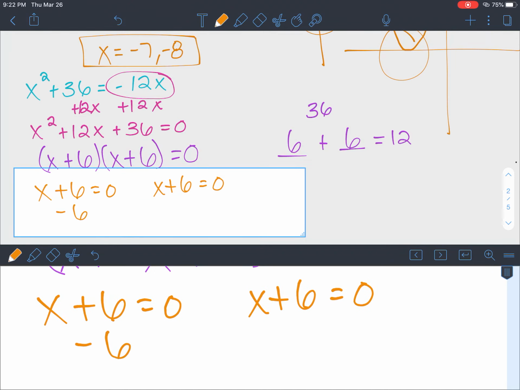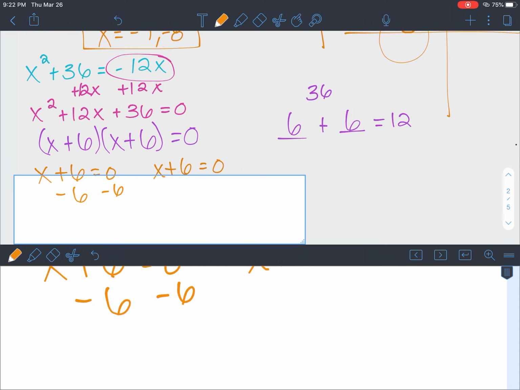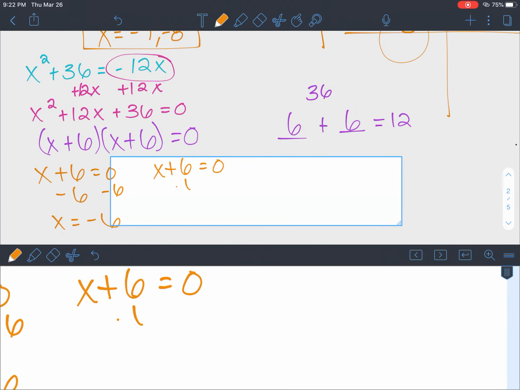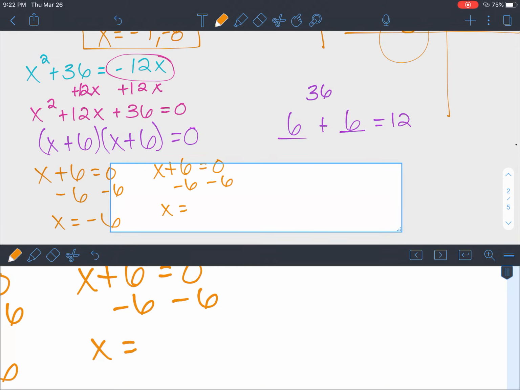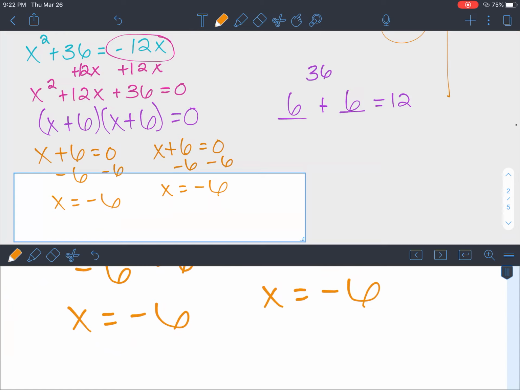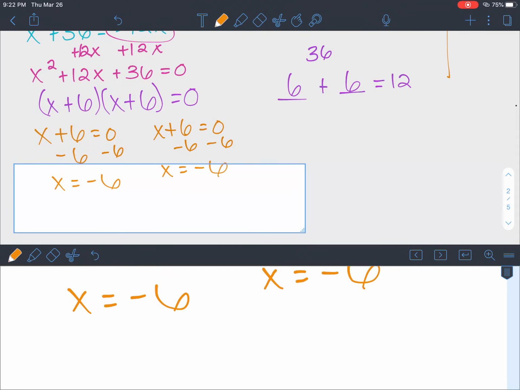So we're going to subtract 6 from both sides. And we get that x equals -6. If we go to this other problem, again, subtract 6 from both sides. And we get that x equals -6 as well. So when I get something like this where it says x equals -6 and x equals -6, they're the same number. So really, x just equals -6.